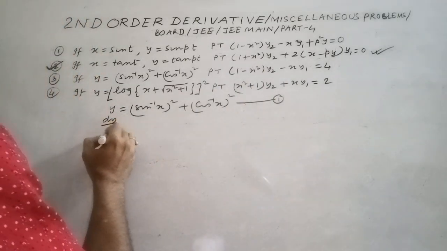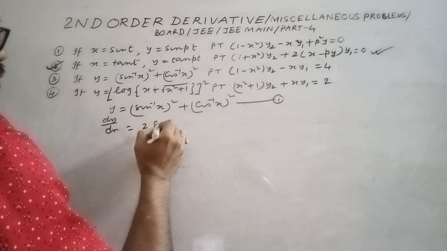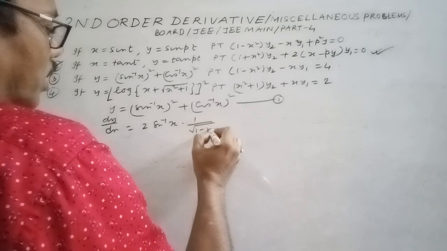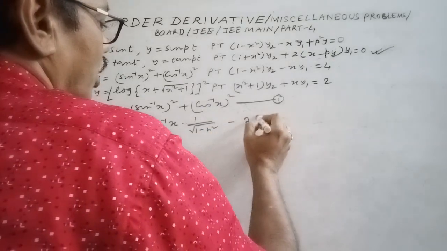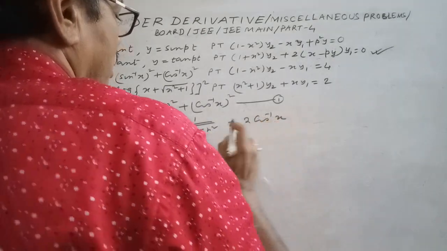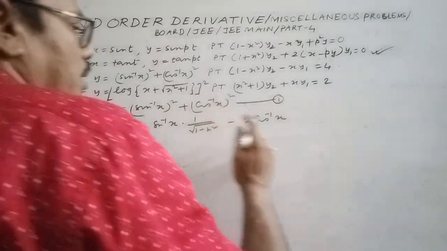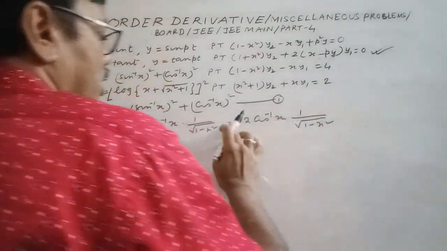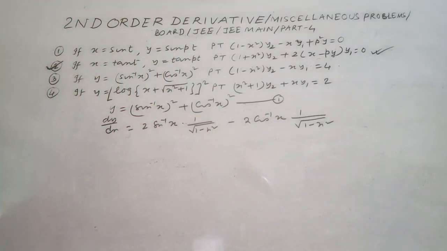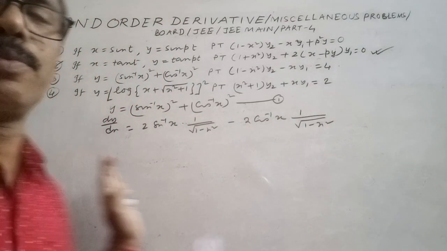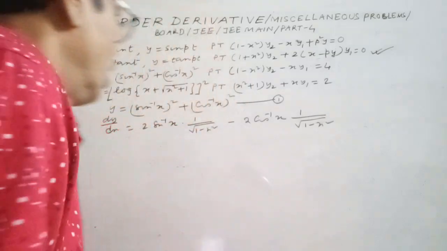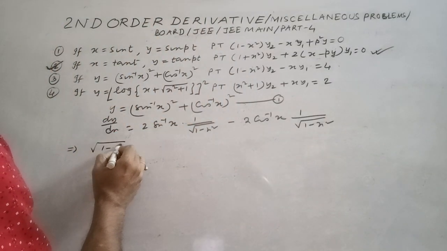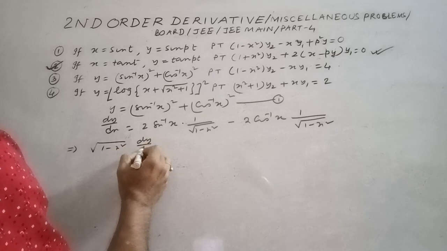dy/dx equals 2 sin inverse x into 1 over root under 1 minus x square, plus 2 cos inverse x times the derivative of cos inverse, which is minus, so this is negative. Now to avoid the root, you multiply by root of 1 minus x square.